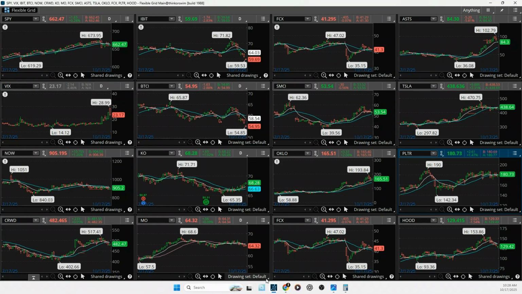Now, we can also eventually look at the different option chains that we're dealing with. I gotta figure out a way to detach this option chain. That does not look like an option chain to me. I had it detached the other day, and now it is not.